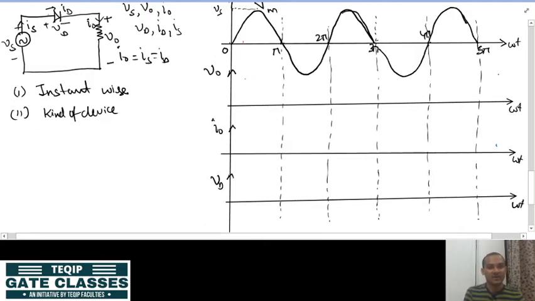Here we have a diode, and we know that between 0 to pi the circuit condition is that the diode becomes forward biased. Now the third step, after identifying what device we are using, is to identify the status of the device.